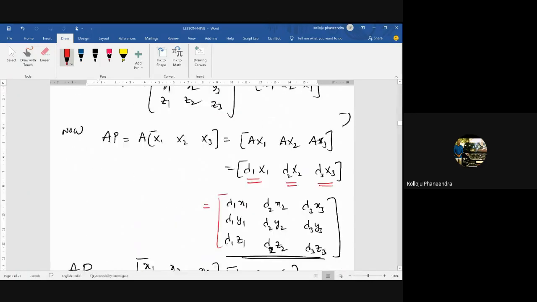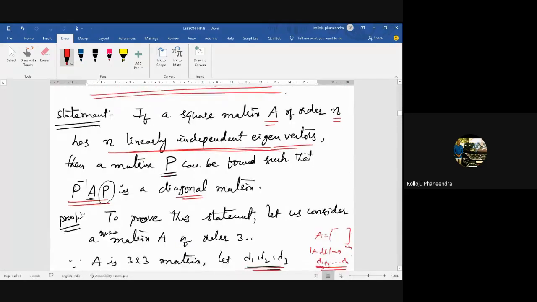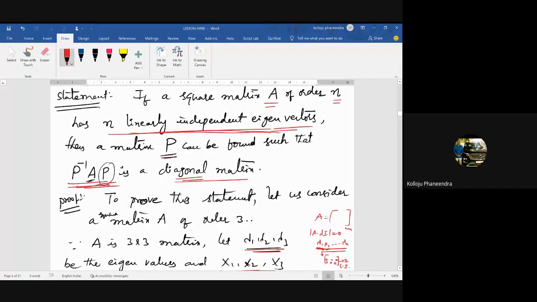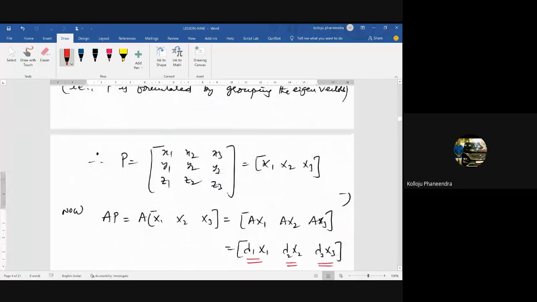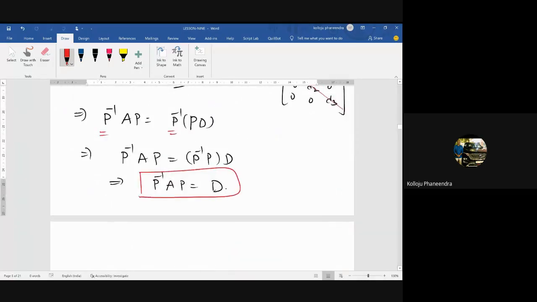This is the proof that I need. Finally, P inverse AP is a diagonal matrix.